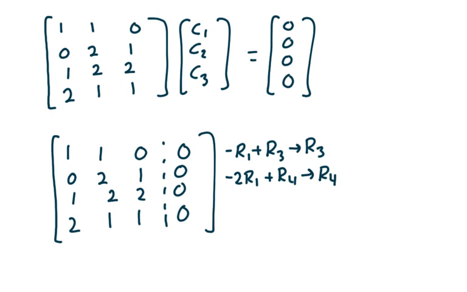That's over here. And so I set up the corresponding matrix equation. I'm going to take the coefficient matrix with rows (1, 1, 0), (0, 2, 1), (1, 2, 2), (2, 1, 1), times the column vector C1, C2, C3, and set it equal to (0, 0, 0, 0). And from here, I set up the augmented matrix.